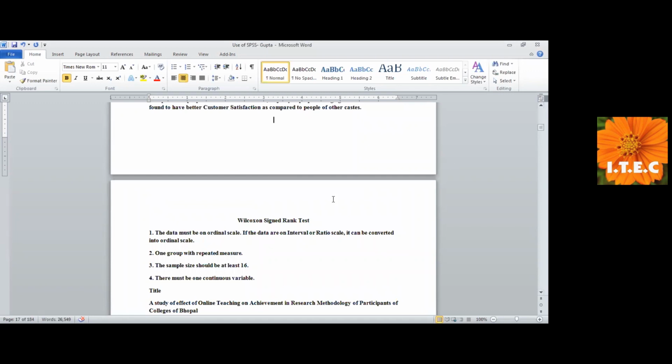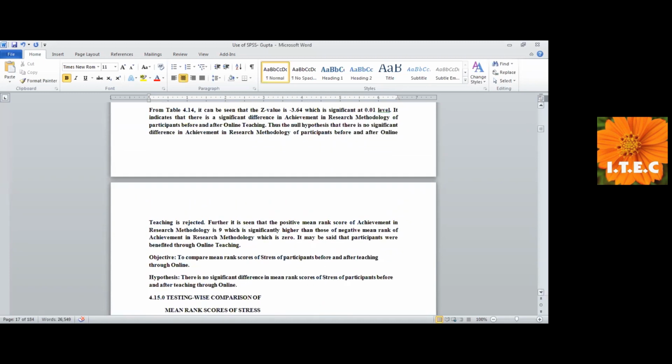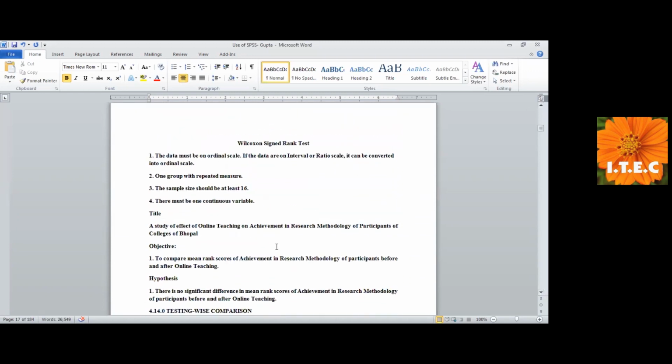Here, I told you the Wilcoxon signed rank test. And in this one, if suppose your paired samples t-test, you know there is a statistical technique called paired samples t-test.